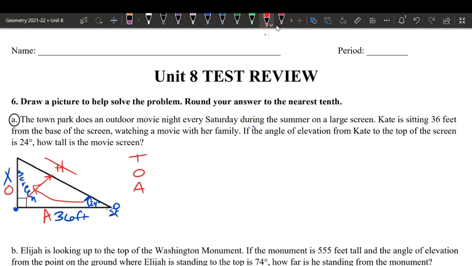T-O-A, SOH-CAH-TOA. Tangent is opposite over adjacent. O is on top of A. So the tangent of the angle, 24 degrees, equals the ratio of opposite, that is x, over adjacent, that is 36.